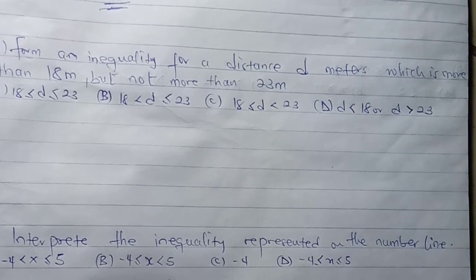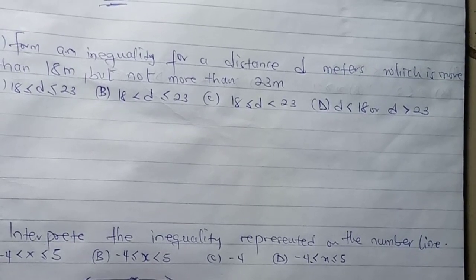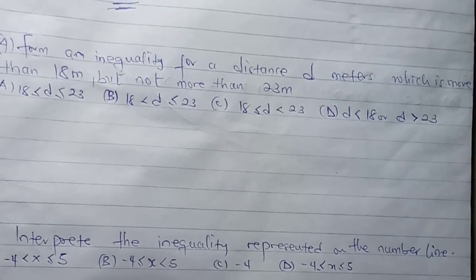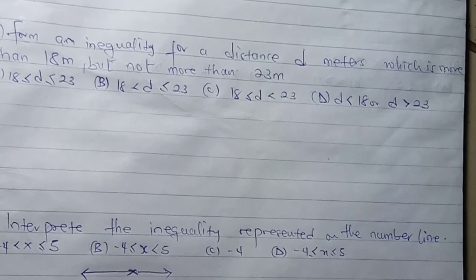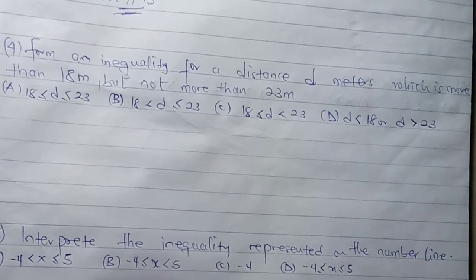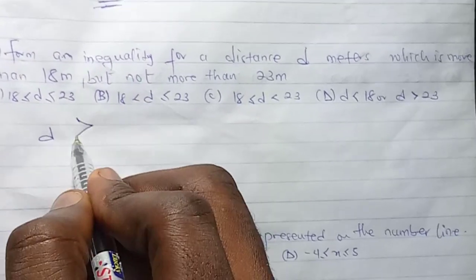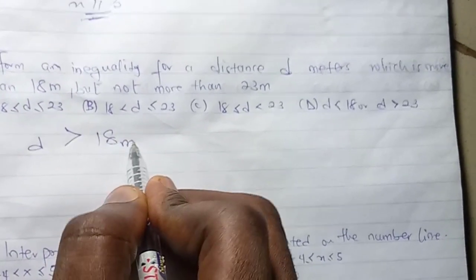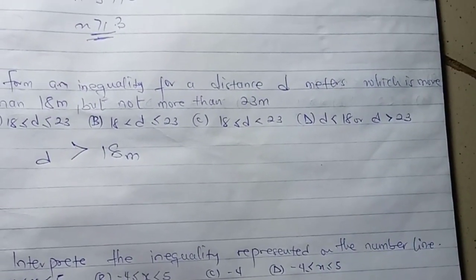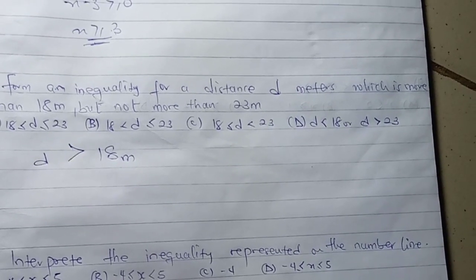Form an inequality of a distance d meters which is more than 18 meters but not more than 23 meters.